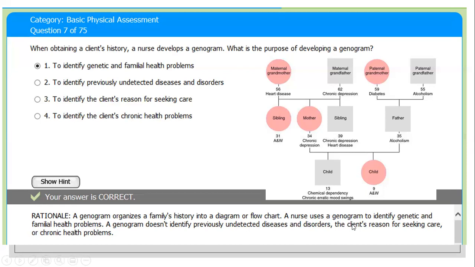The nurse uses a genogram to identify genetics or evaluate familial health problems. A genogram does not identify previously undetectable diseases or disorders. The client's reason for seeking care or chronic health problem is not part of the genogram.